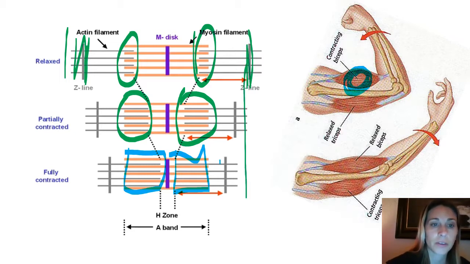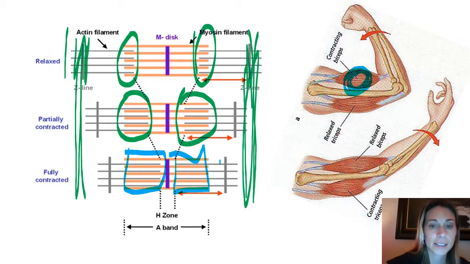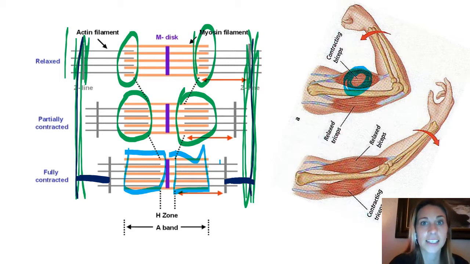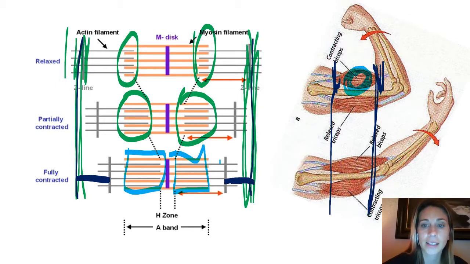So if here is where the limits of the relaxed sarcomere should be, right? And there's all this distance now from its original point up here, you can also see that reflected in the larger organ itself. So here's like the terminal reaches of the muscle fibers, and then compare that here with the relaxed muscle.